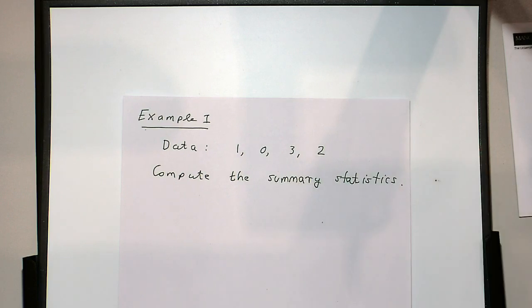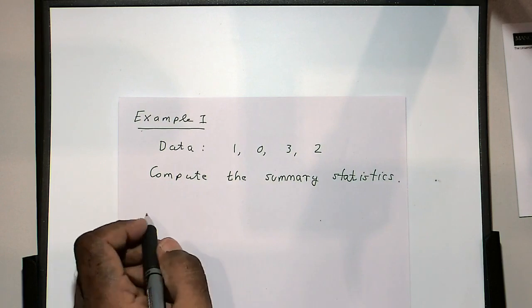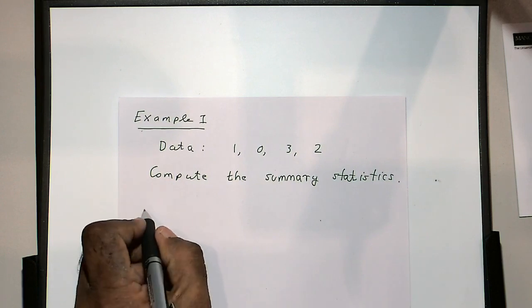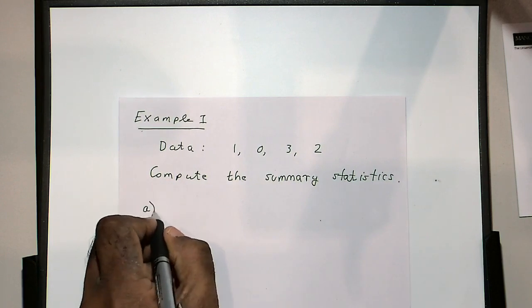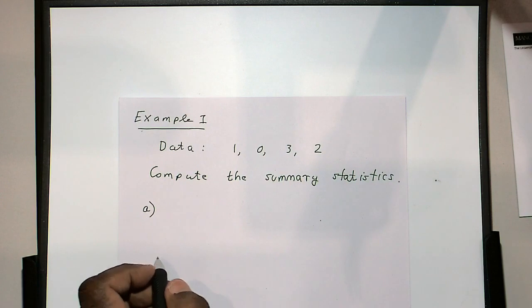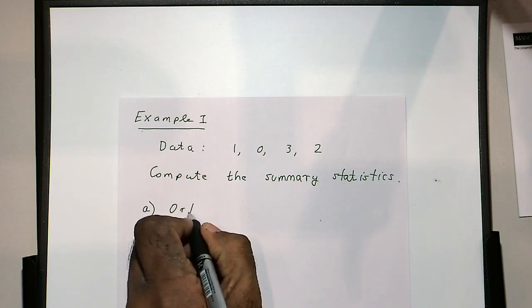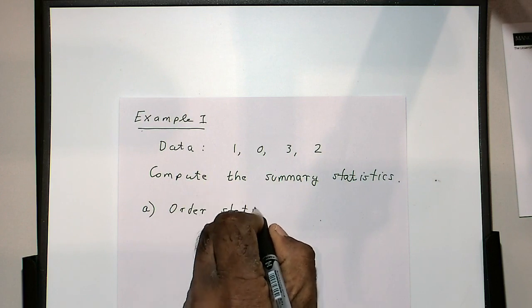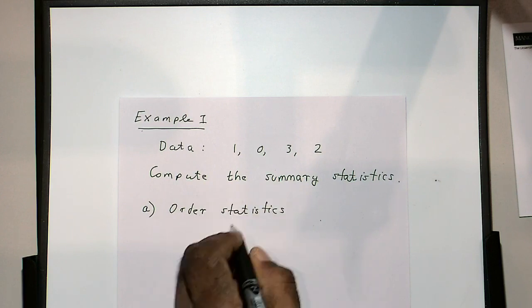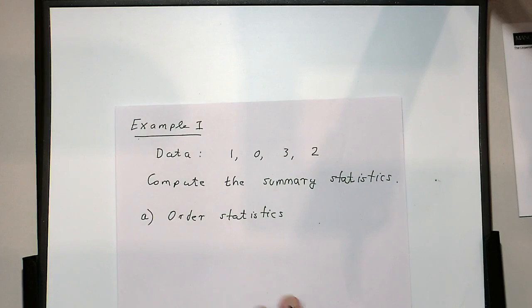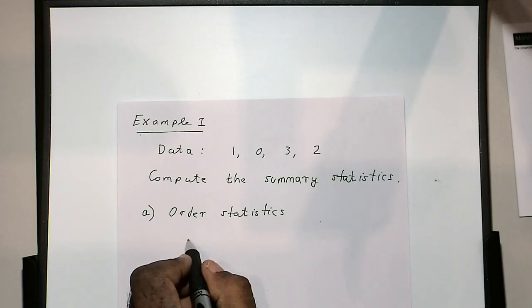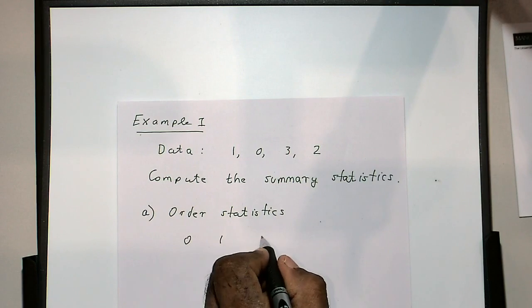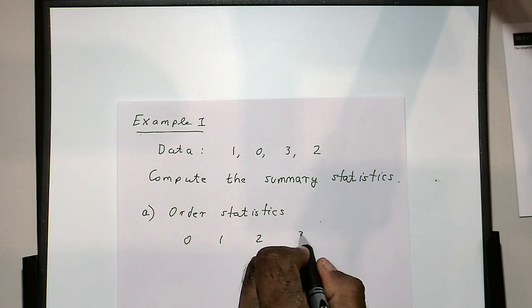The question is to compute the summary statistics, right? So we start with the order statistics. Order statistics simply means that you order the data from the smallest value to the largest value. The smallest data point is 0, then 1, then 2, then 3.